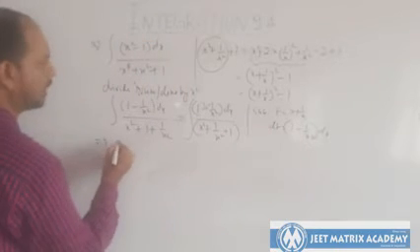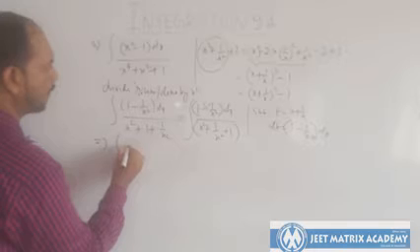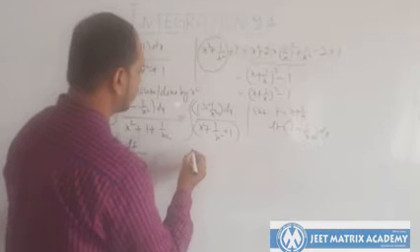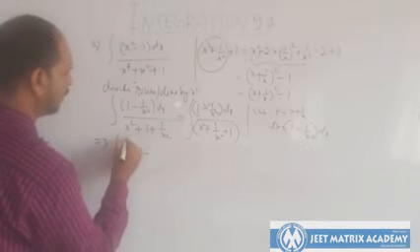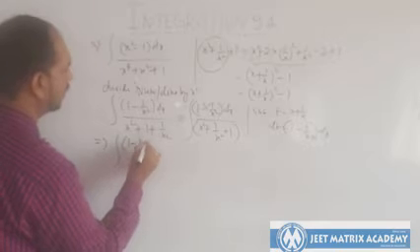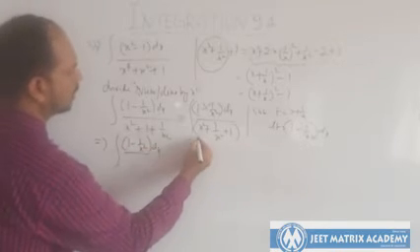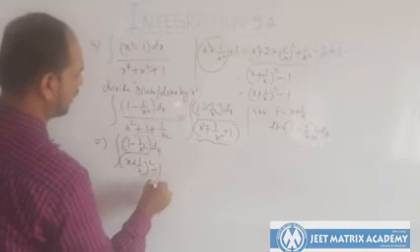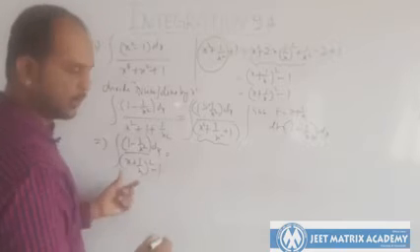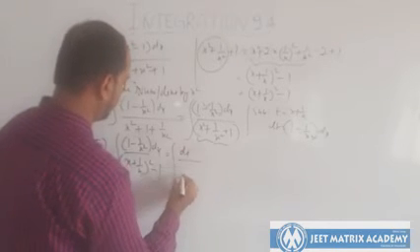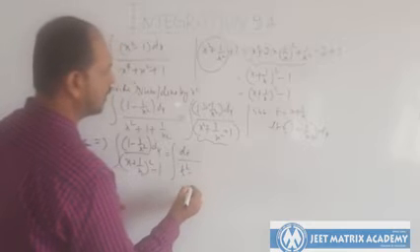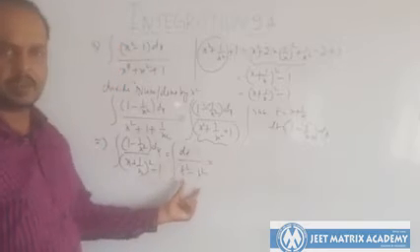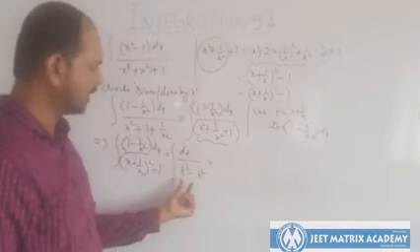So simply I could write the integration of dt divided by this. One more step: (1 minus 1 by x square) dx, and the denominator I can write as (x plus 1 by x) whole square minus 1. This is equal to dt divided by t square minus 1 square, of the form x square minus a square.